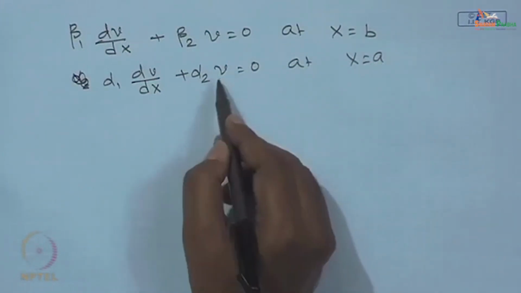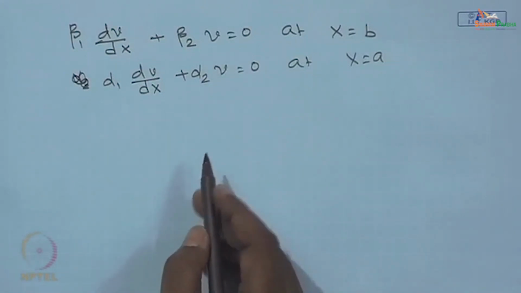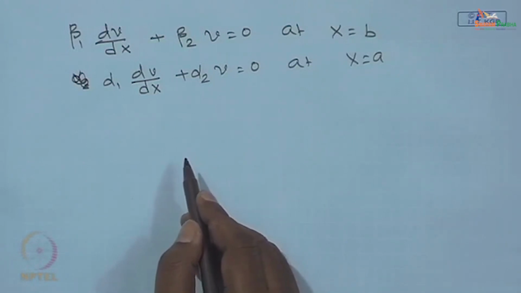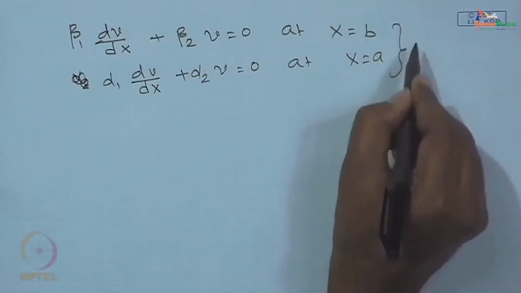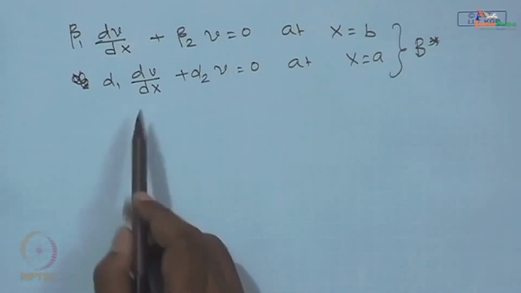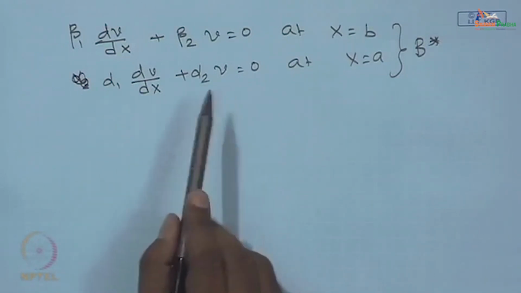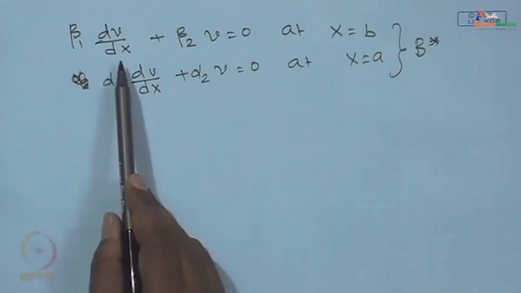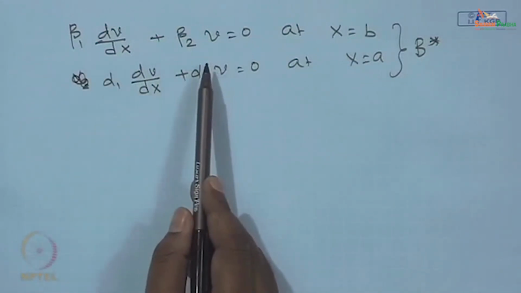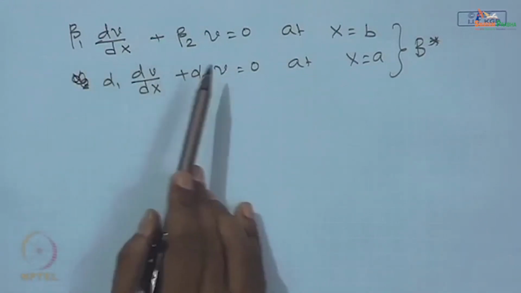Therefore, these two boundary conditions on v emerge from putting the bilinear concomitant equal to 0, and these are the boundary operators B star of the adjoint problem. If you remember the boundary conditions B on the original problem, at x equal to a, alpha 1 du/dx plus alpha 2 u equal to 0, and at x equal to b, beta 1 du/dx plus beta 2 u equal to 0.